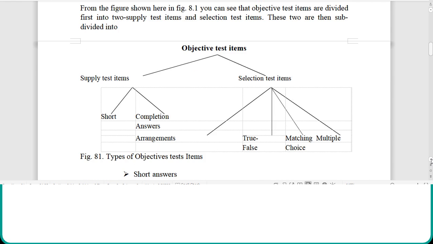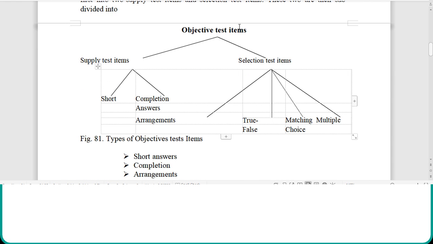From the figure you can see that the objective type test can be supply test items or selection test items. Supply test items are divided further into short answer questions and completion items. There can be another type, the selection test items, and here you can see four categories.